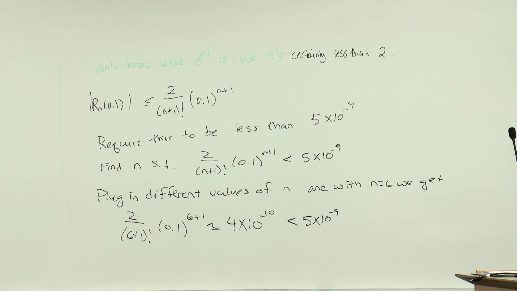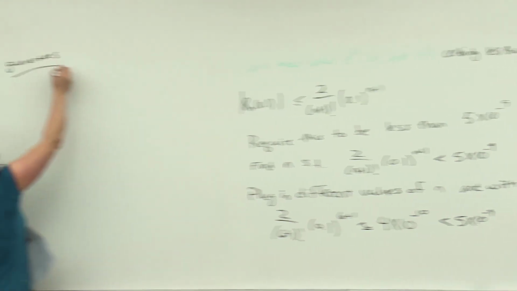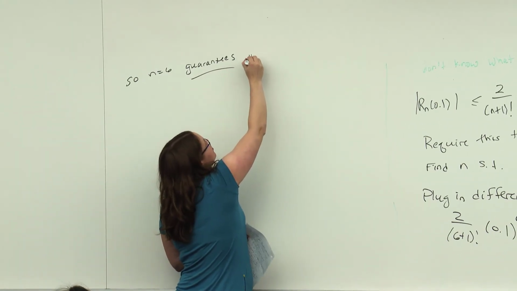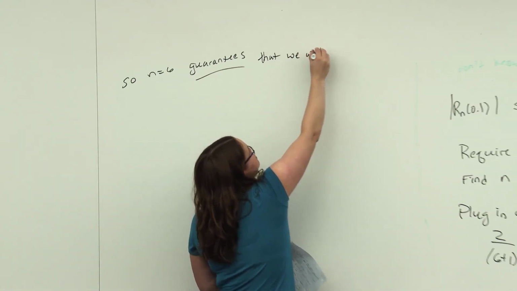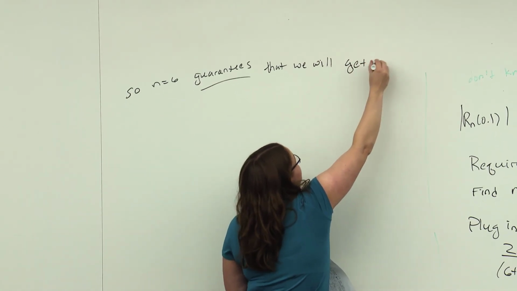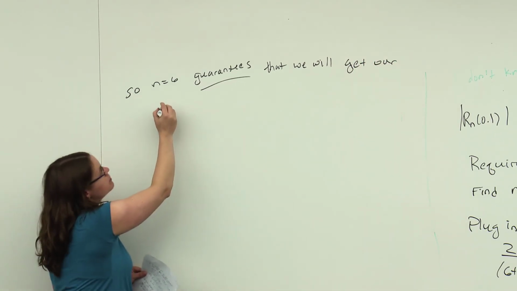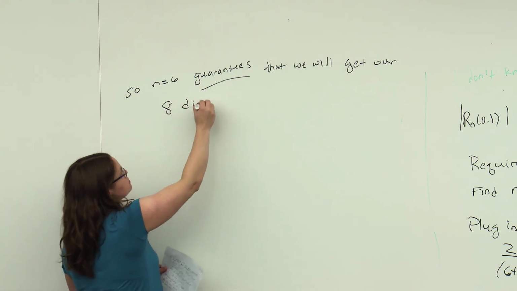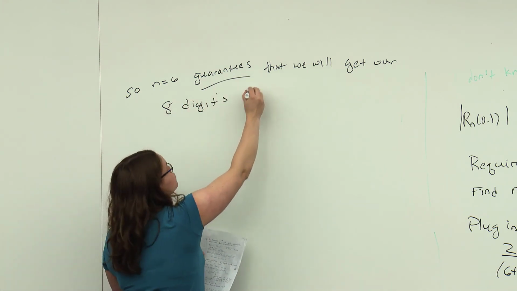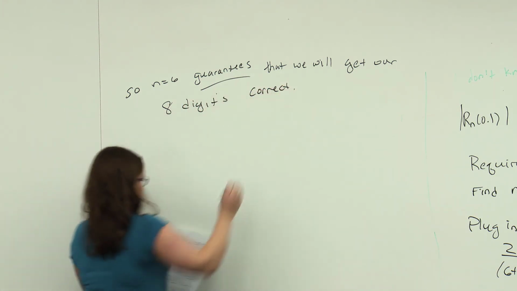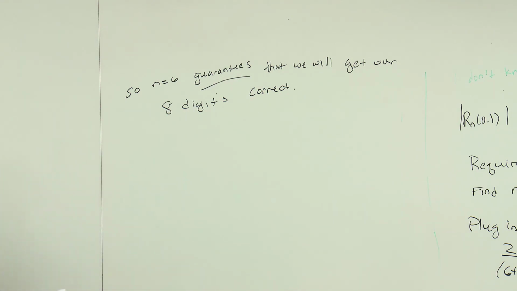Okay? So n equals 6 guarantees, again, we don't know the exact size of the error, but it guarantees that we will get our 8 digits correct. So this is what our calculator is going to do.